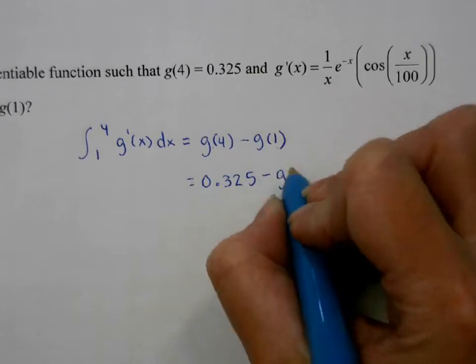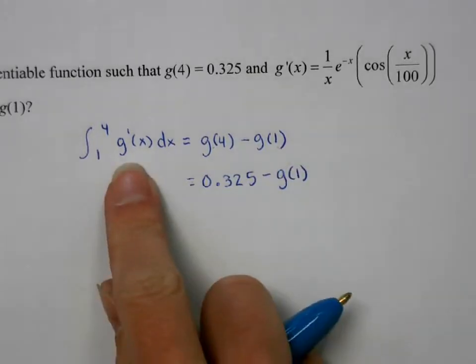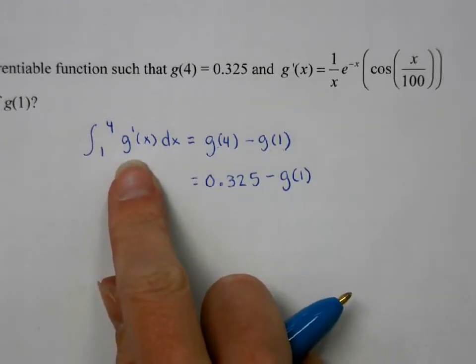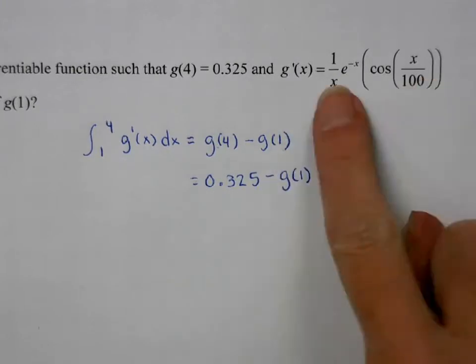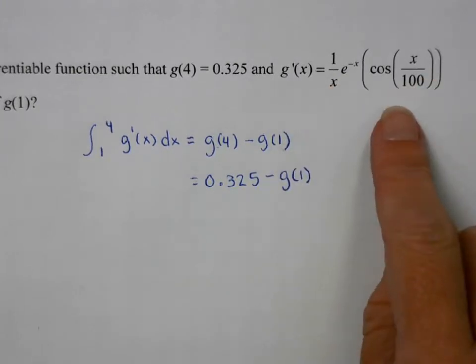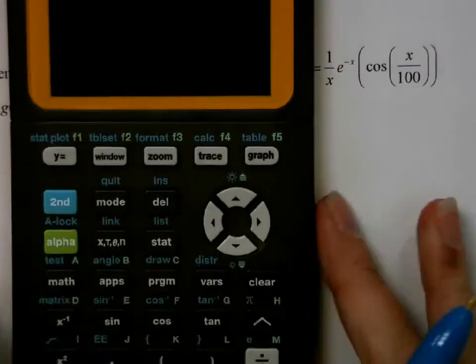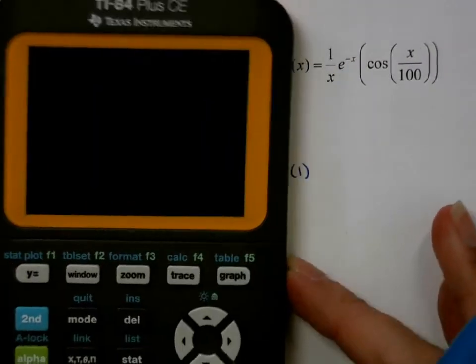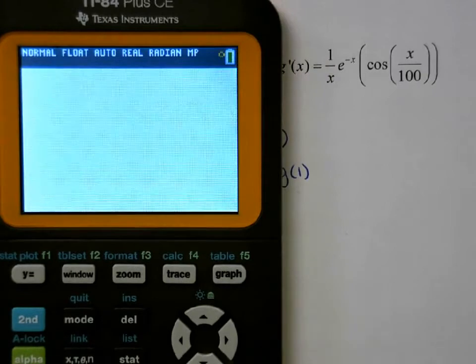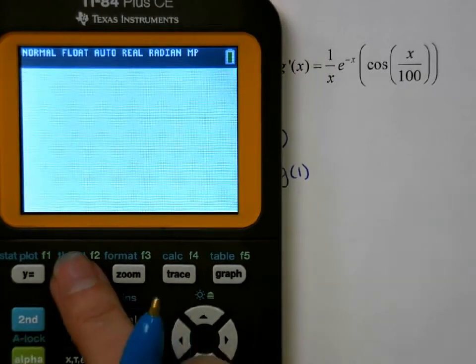So we need to come up with this. Well, this is not something we know the antiderivative of. So that invites us to use technology. Okay, so we are going to use the shortcut menus. So the F2 shortcut menu gets us to 4.